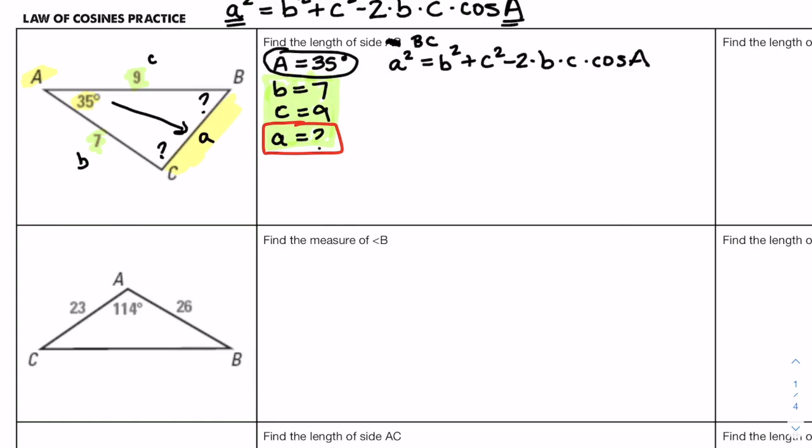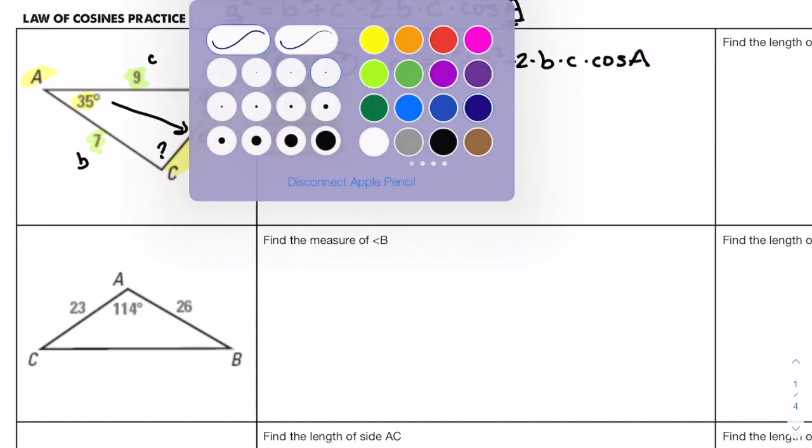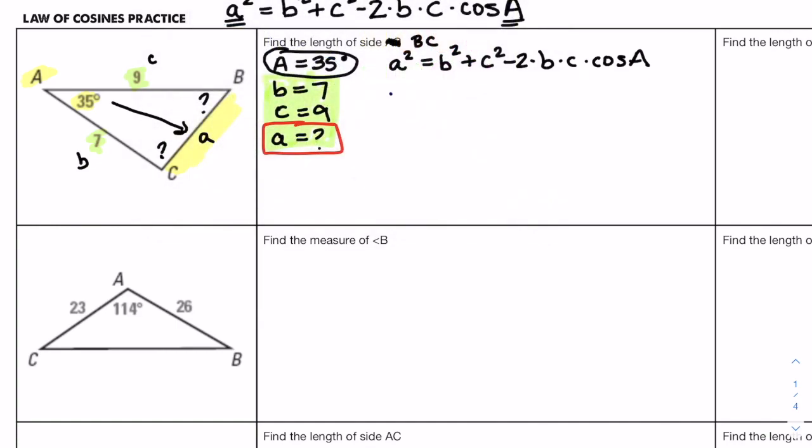Okay, so just a heads up, you can already tell that this is going to be computationally a little bit more involved than the law of sines. With the law of sines, it was very simple, just plug in, cross multiply, and get what you want. But this one, you've got to be careful. So a squared, I don't know. B is 7, so that's 7 squared. C is 9, so that's 9 squared.